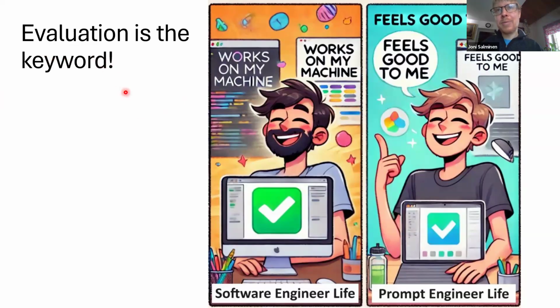Evaluation is the key. Remember, with machine learning models, we need to evaluate how well our algorithm is doing. This is a really important concept from computer science that we can apply also in marketing, because when it produces, for example, copywriting or text, how do we evaluate if it's good enough?